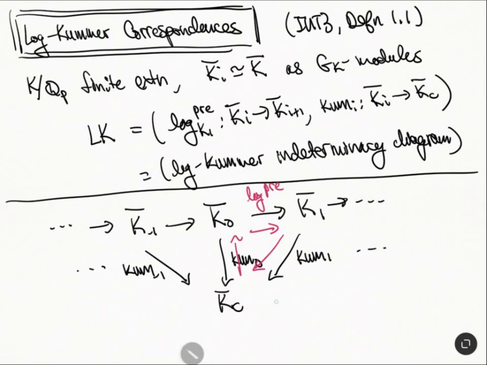Let me just write it out again: Kum 0 inverse composed with log pre, composed with Kum 1. This has the effect of acting as a log on the bottom here. And it doesn't matter which loop you do. Any of those loops will be the same.